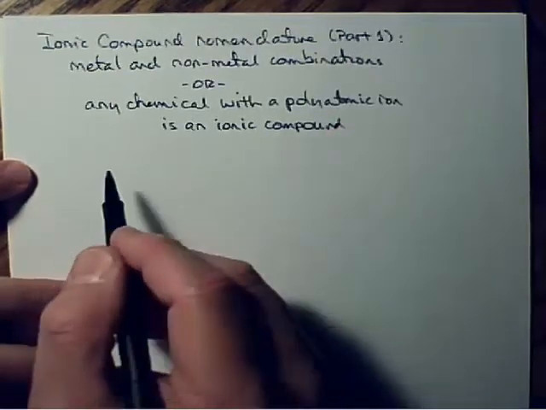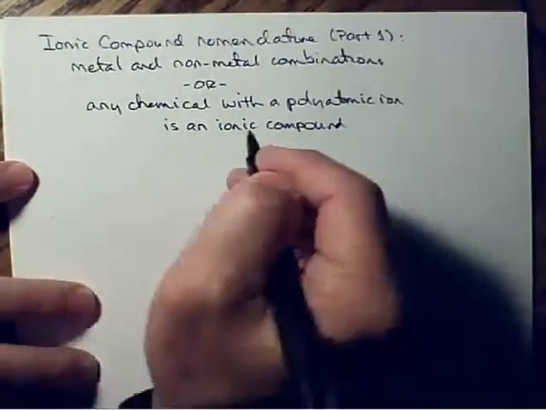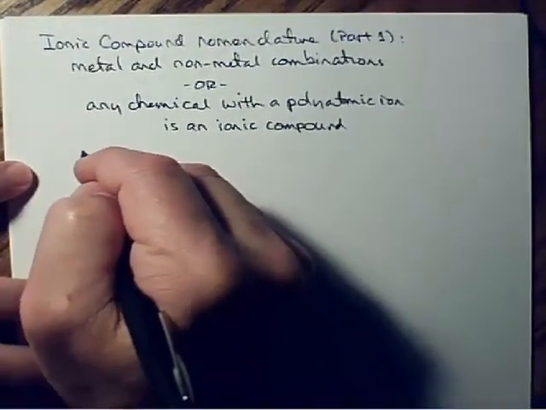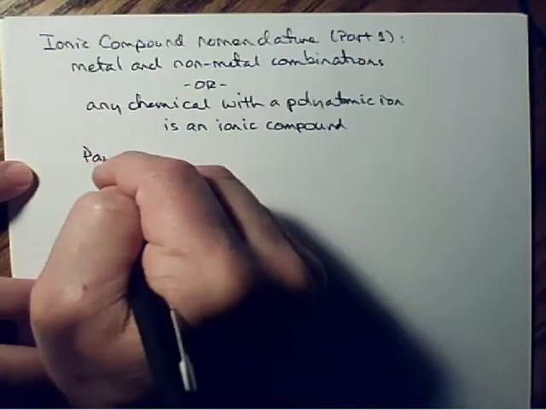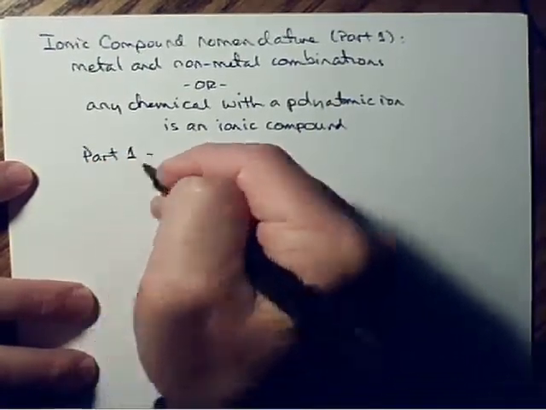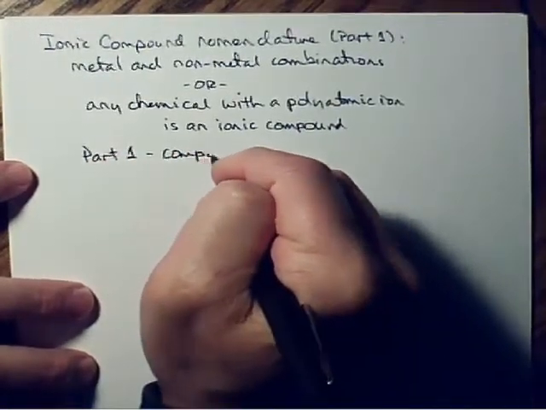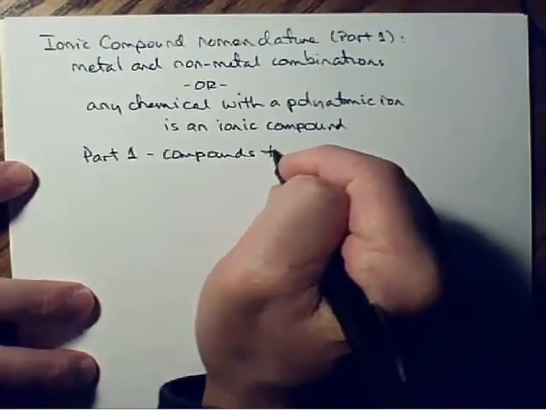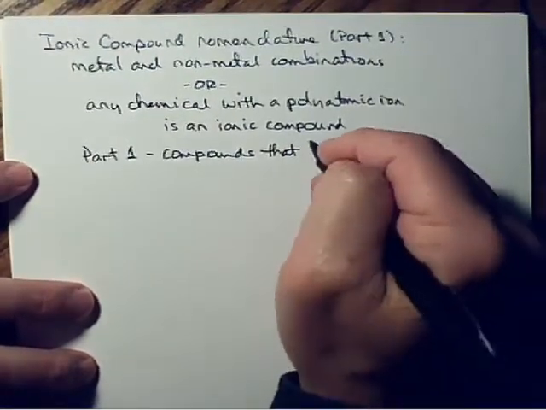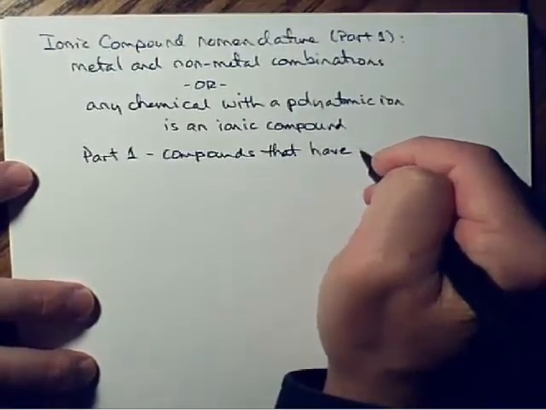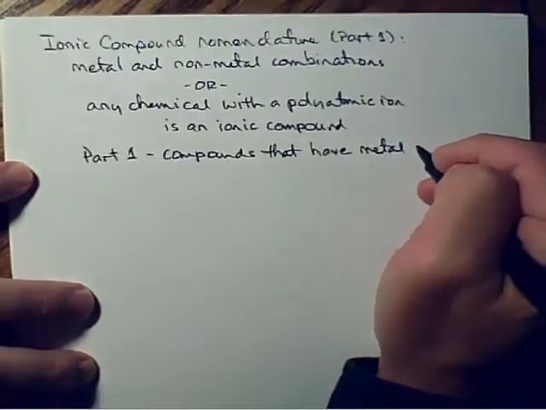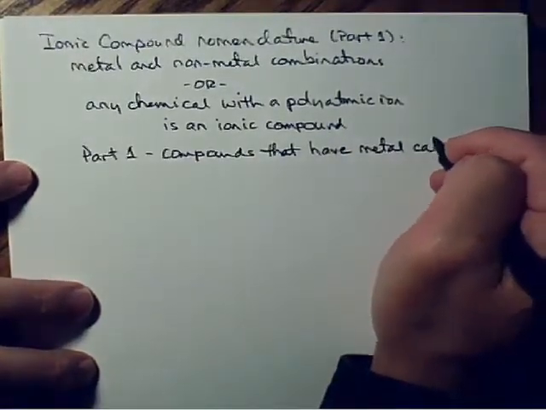So we're going to start in part 1 with ionic compounds that have metal cations.